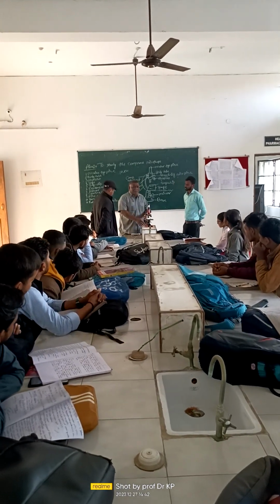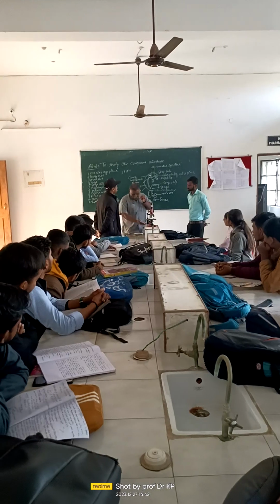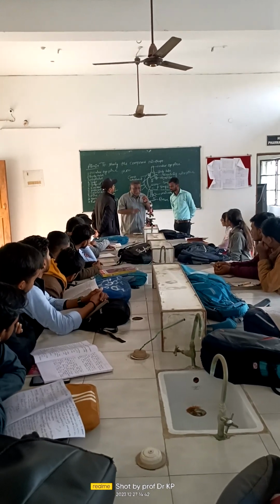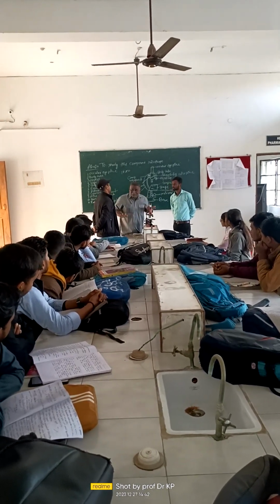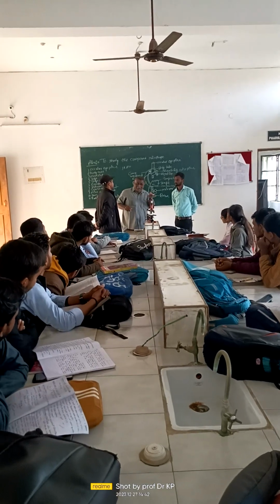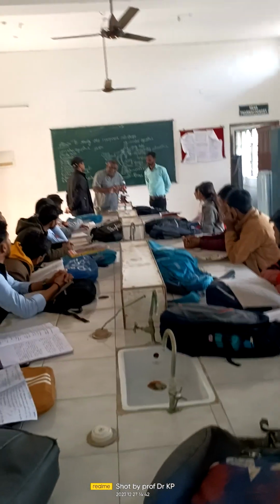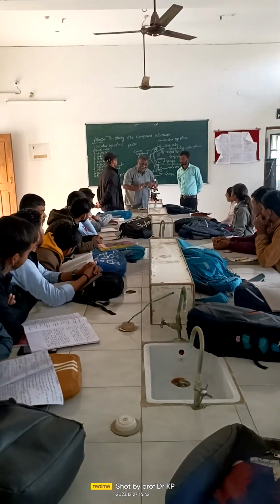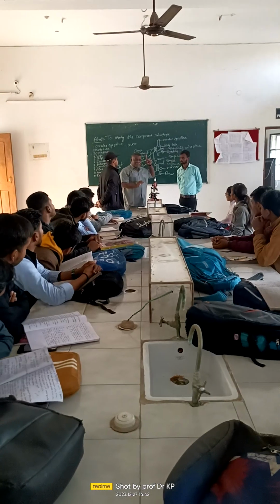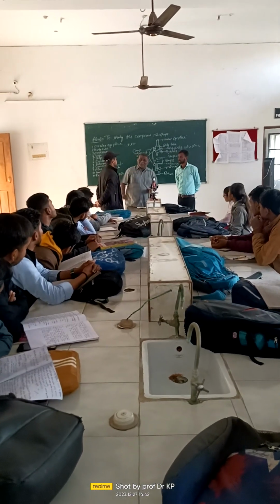In case of 10x and 45x, the nose piece will not be touching the slide or the object. But in case of 100x, the oil will be added, and into the oil drop, we will immerse the lens. So that gives 100 into 10,000 times magnification.